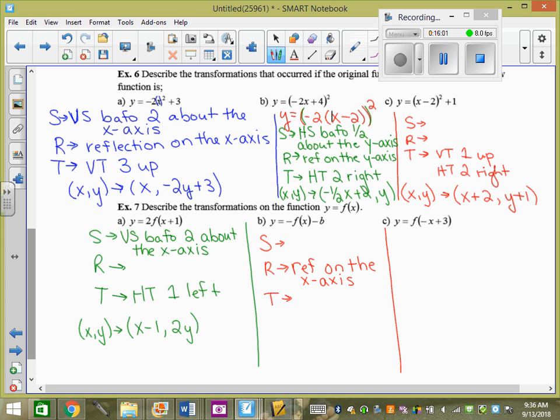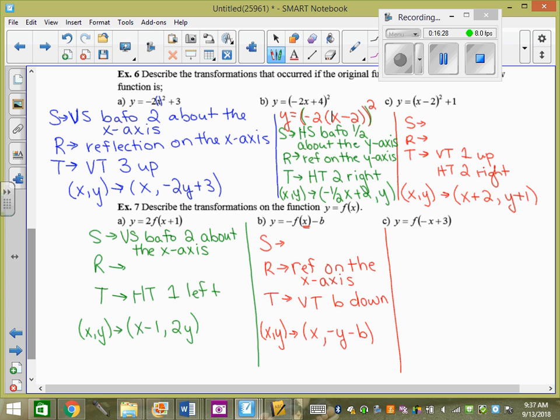Translations? B. Yeah. Now my x value is going to stay the same in mapping because my x has nothing on it, right? So x, y is going to become x, comma, what?